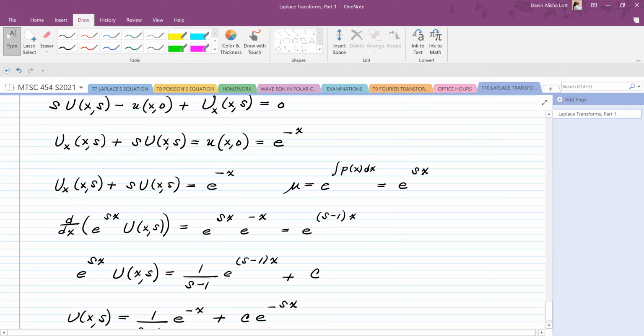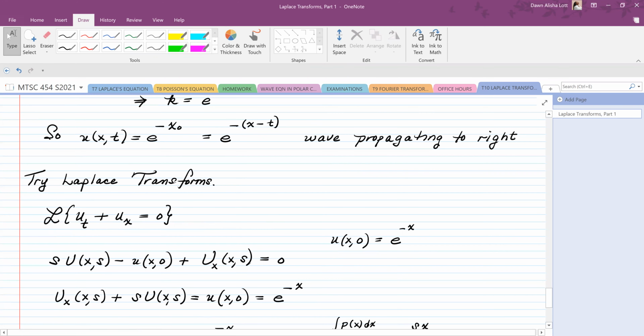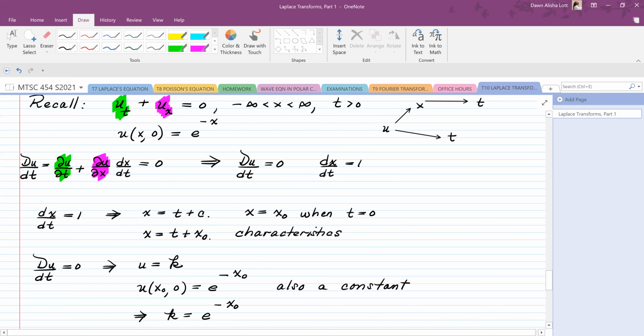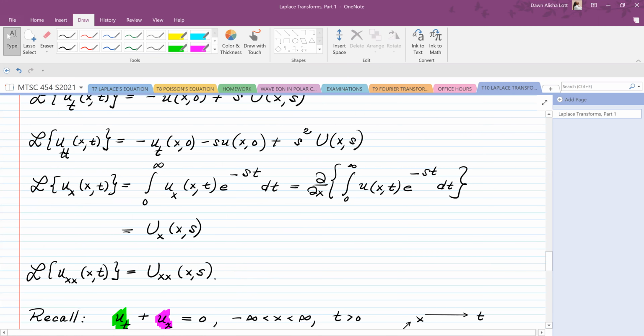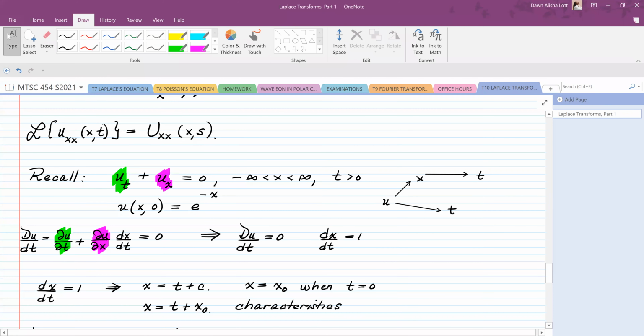And I see where my mistake is. This problem right here, we had to be on the interval. This problem right here does not make sense if x can be negative. So now I know why.